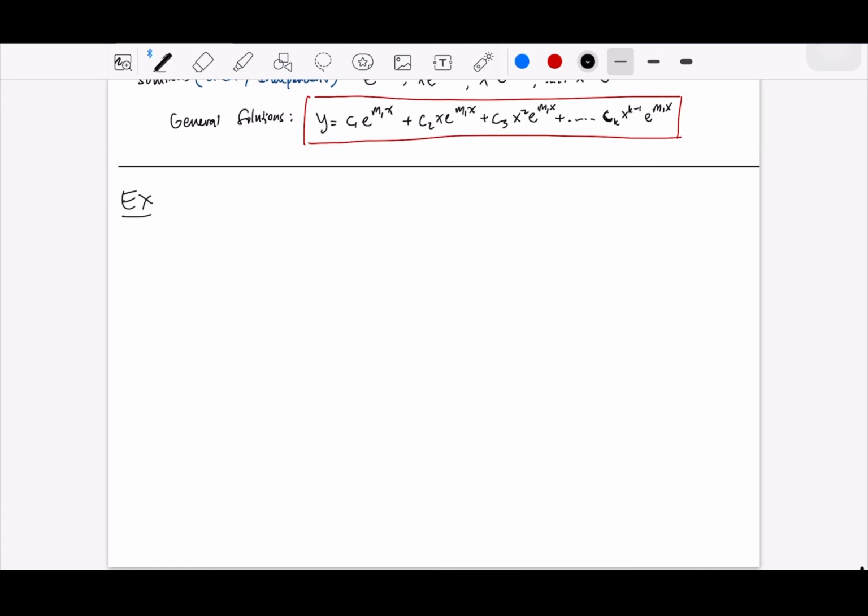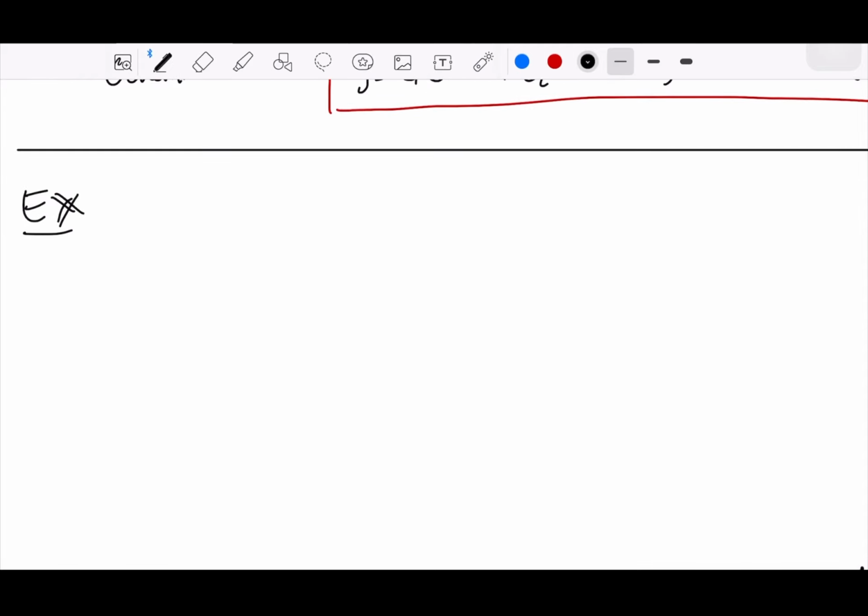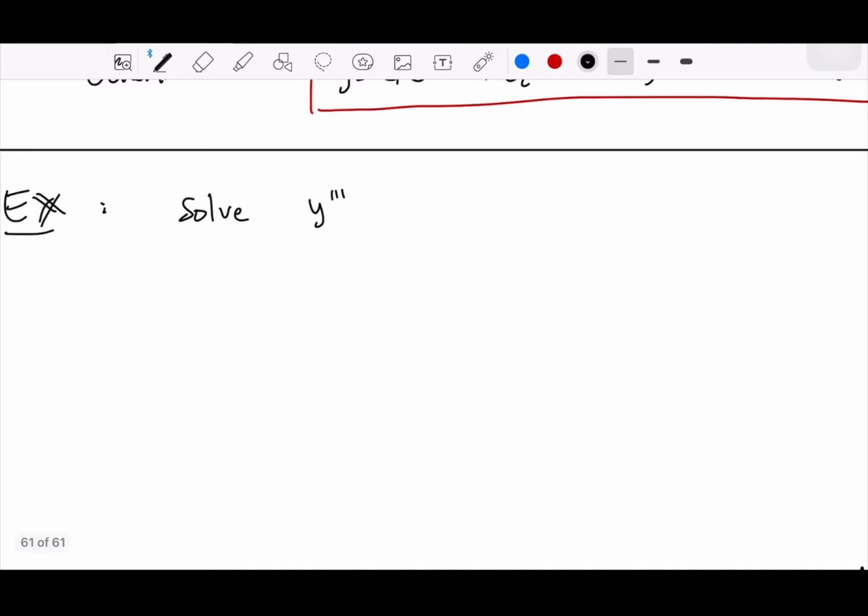Okay, let's take an example. Solve this equation. So now we have the third order.